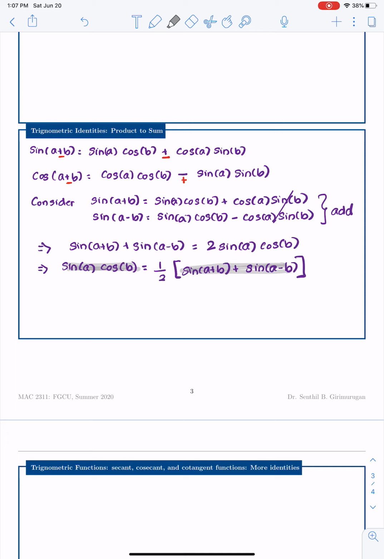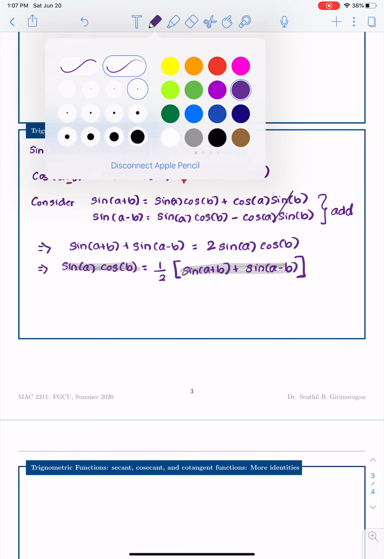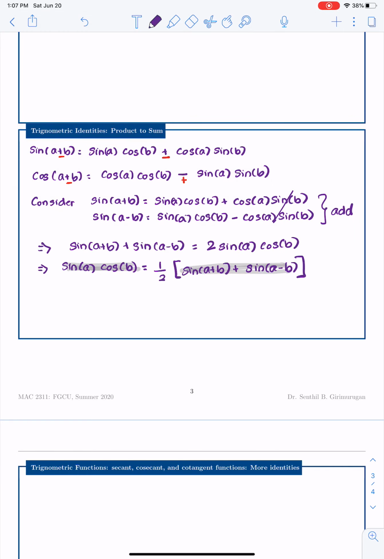Now, if we took the other combinations, we'd end up getting similar formulas. We have 3 more that must have been covered in pre-calculus or in trigonometry. So what are the other identities? It's good to know these identities.